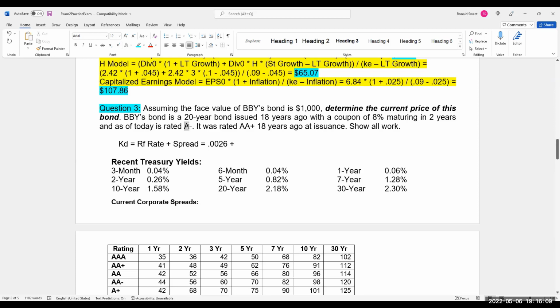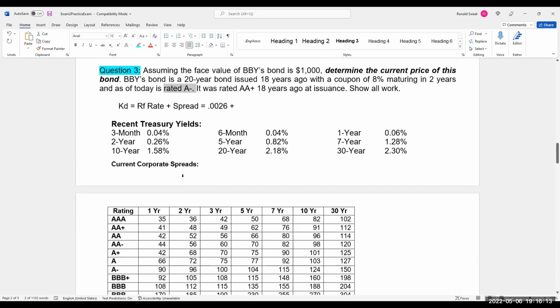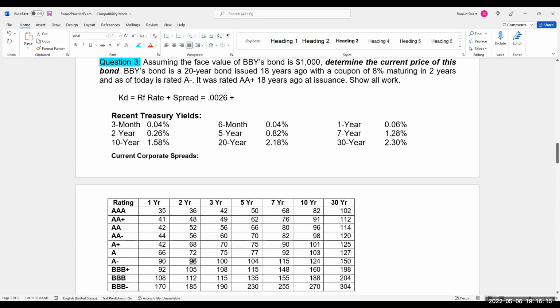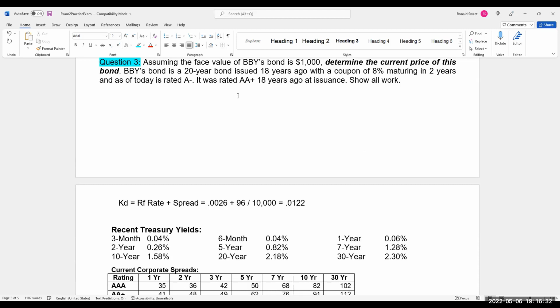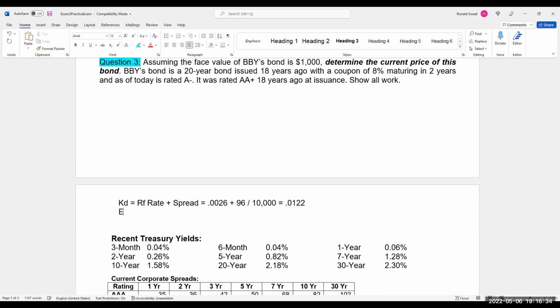it's rated A minus today, but it was rated AAA plus, but all we care about is today. So 2 years and A minus, that gives you 96. So plus 96 divided by 10,000. And that should get you 0.0122. That's our discount rate. Then we got to get the effective yield, which here is not going to make much difference.